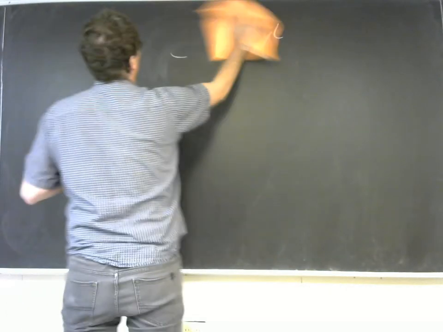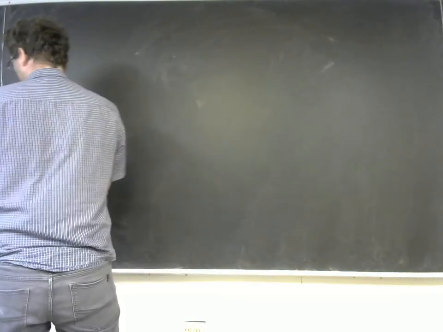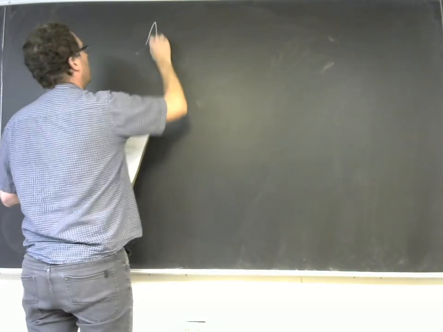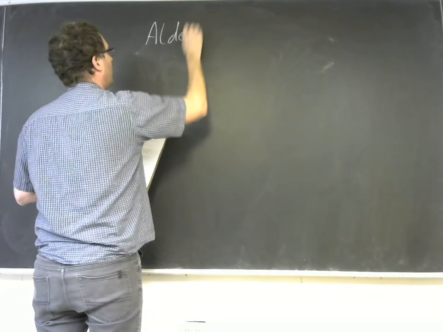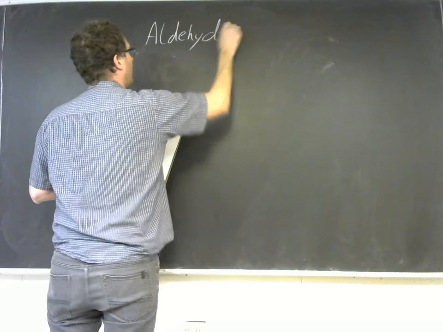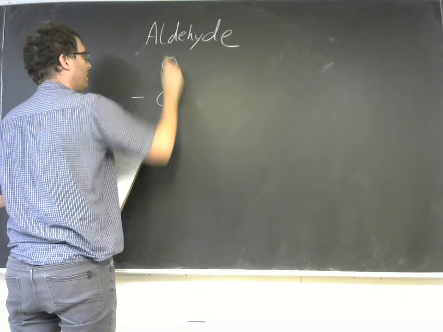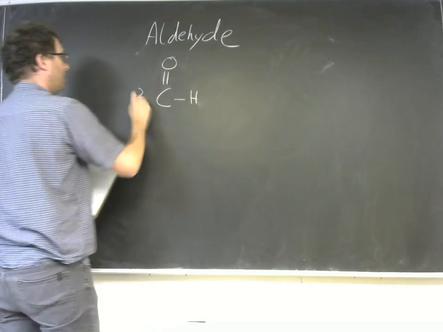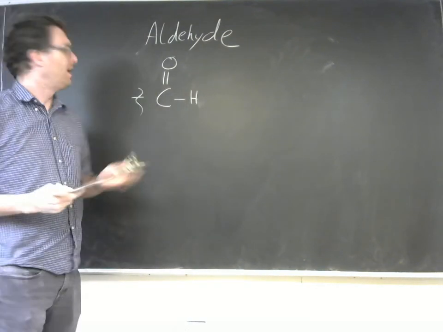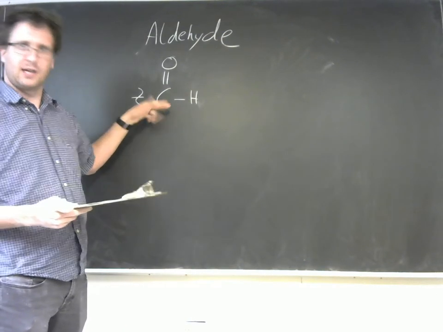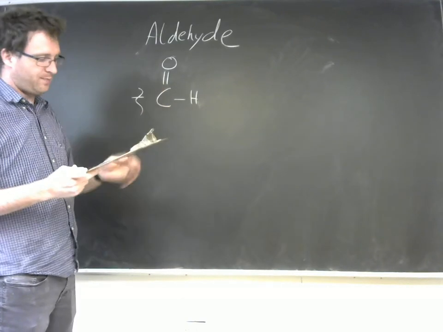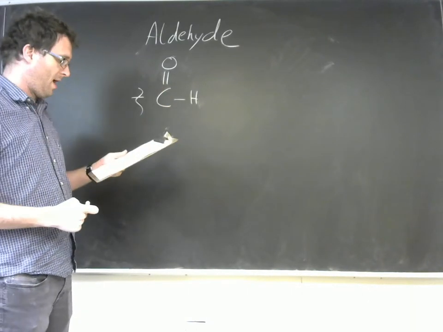So the first one is an aldehyde. An aldehyde is going to have that carbonyl on a terminal carbon. So this is the beginning or the end of a carbon chain, and it's got the carbonyl on there.